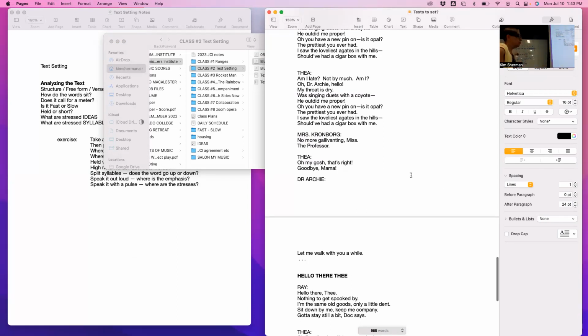One of the reasons I do this, and I do it for everything, is: where are the bar lines? What are they saying? What's important? Even in opera, when it's more about the vowels, I think it's really important that the audience understands what those words are.